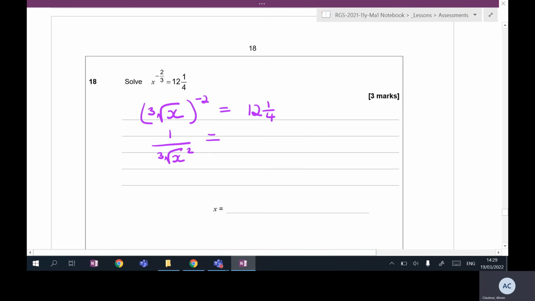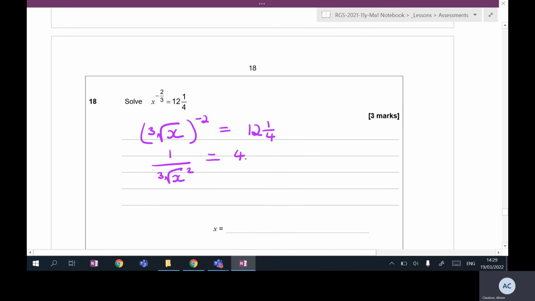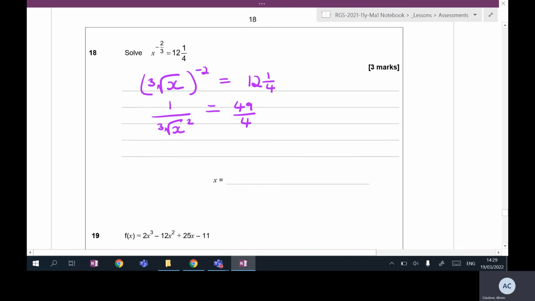Now 12 1/4 is a bit awkward, so I'm going to put that as a top heavy fraction. 12 times 4 gives me 48, so that'll be 49 over 4. What this allows me to do is flip my fraction upside down. If you've got a fraction on both sides and you're rearranging, you can literally do the reciprocal of both, and you know that they're equal.